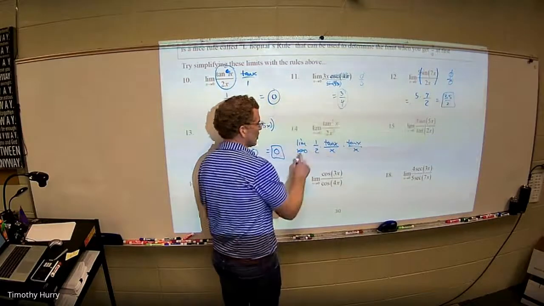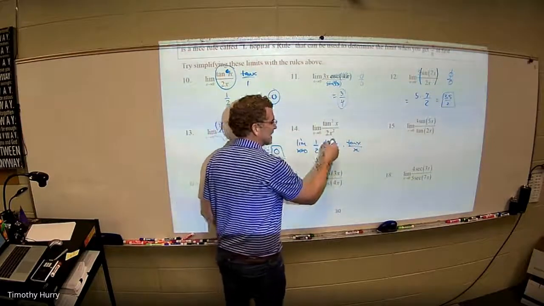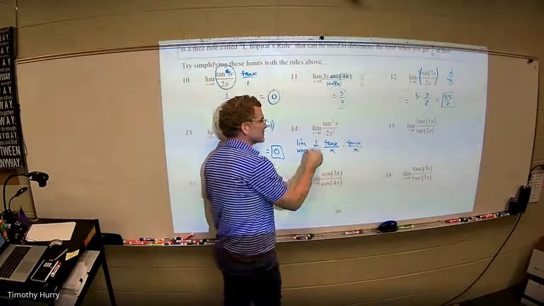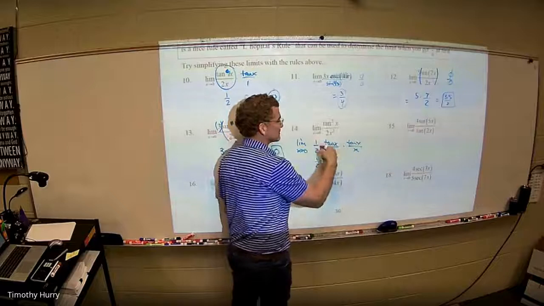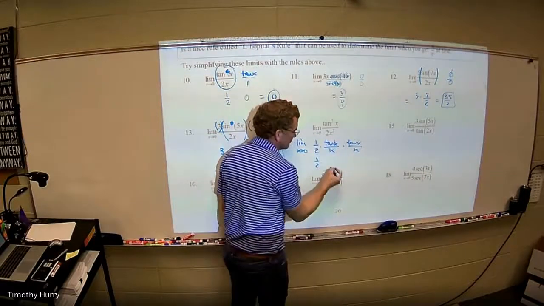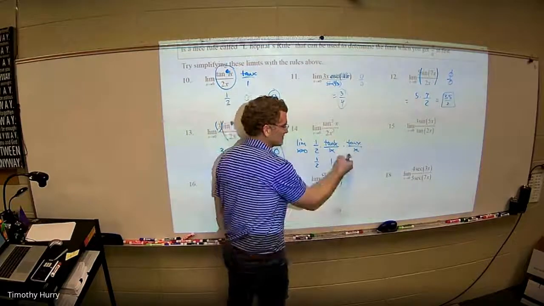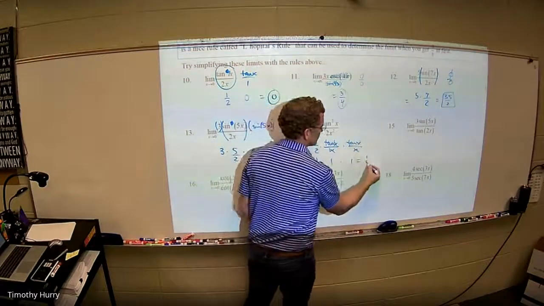What's the limit of the 1/2? Well, just 1/2. What's the limit of tan x over x? Well, if I plug a 0 in there, do I get 0 over 0? Yes. Is that a trig function of something x over something x? Yes. Coefficient over coefficient, 1. Same thing here, 1. 1/2 times 1 times 1, 1/2.